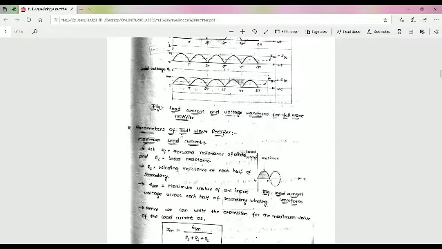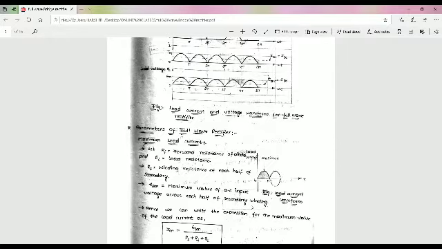First one, maximum load current. We also know RF is the forward resistance of the diode. RS is the winding resistance of each half of the secondary. RL is the load resistance. ES is the instantaneous AC voltage across each half of the secondary.